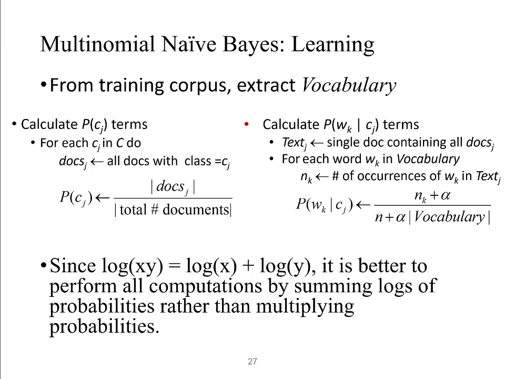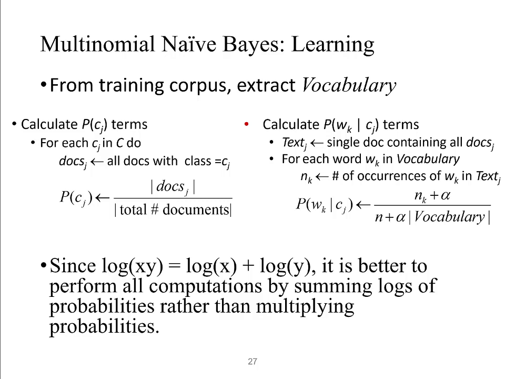Now let's look at the whole procedure of multinomial naive Bayes. So how do we learn the classifier? We firstly, from the training corpus, extract the vocabulary because we're going to use it to calculate the probability terms for P(Cj) and P(Wk given Cj).